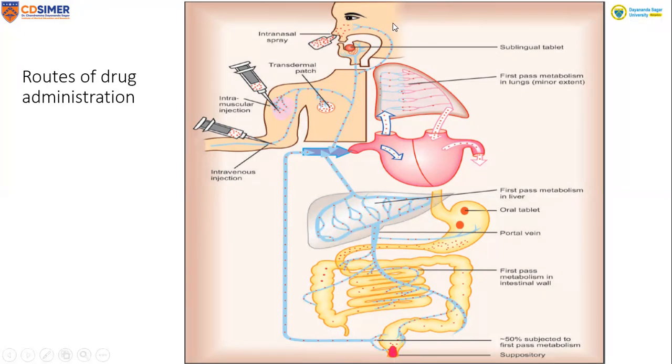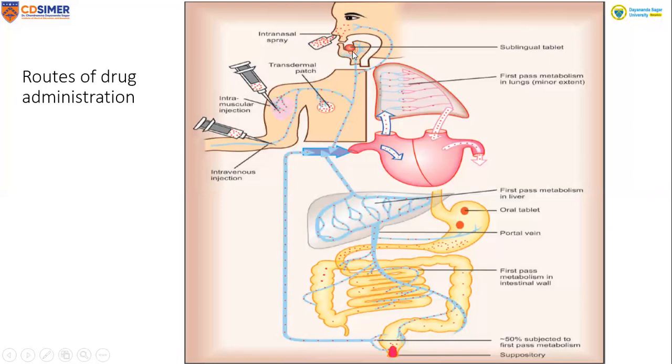Here you have ears, again ear drops can be given. Then you have nasal route, so you can have nasal sprays. Then you can have inhalation route to the lungs by giving metered dose inhalers or rotahaler, all those things. Then you can see that oral route is available, and also sublingual route, and also buccal route is here.